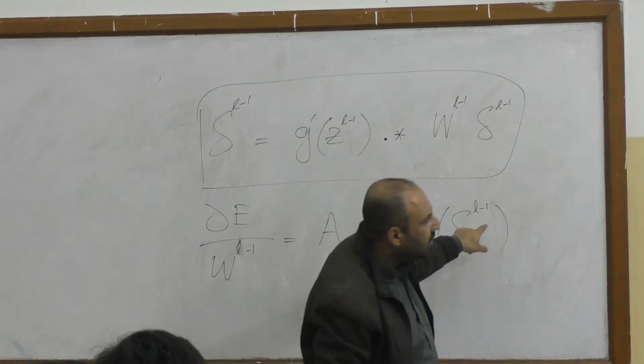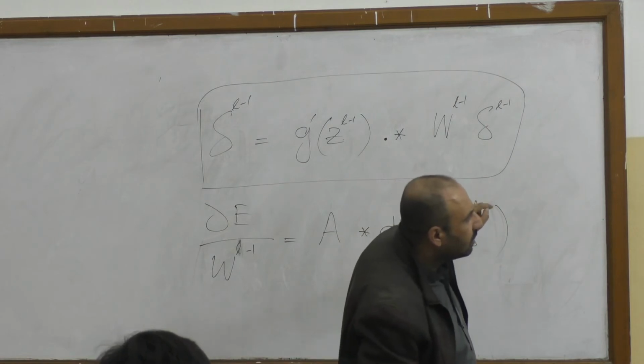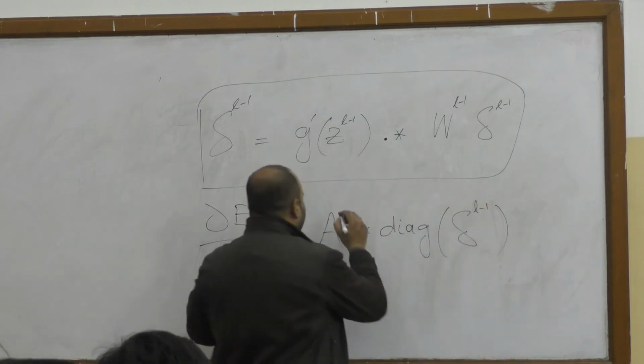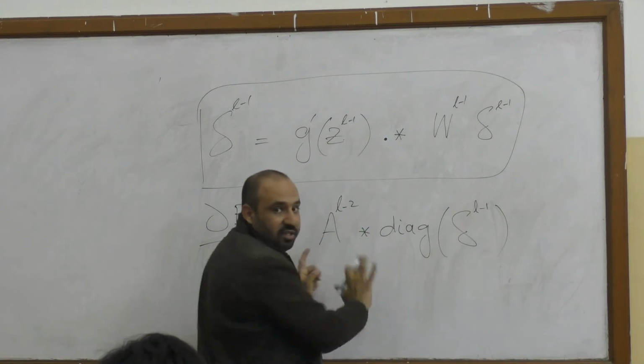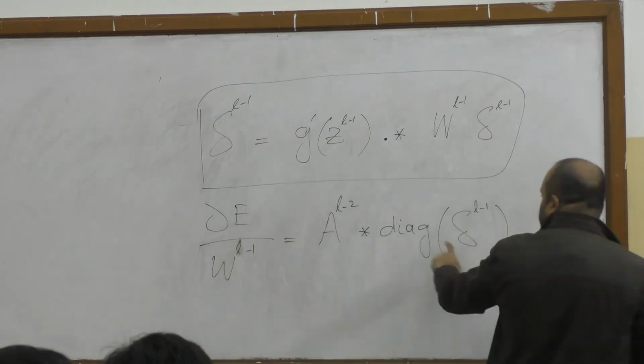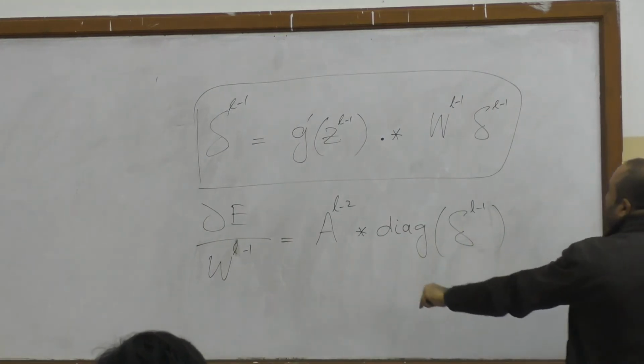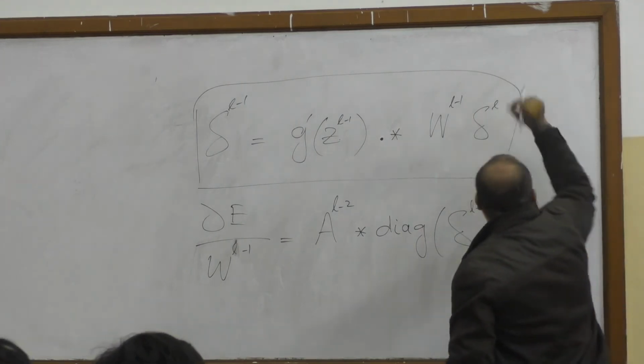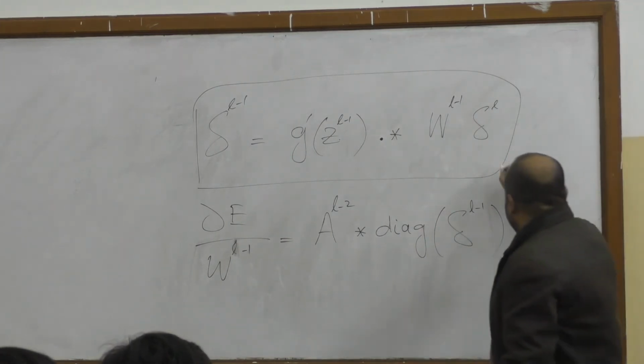By the way, this is L minus 2, A L minus 2, and then we have this, and we have that. Okay, these two.